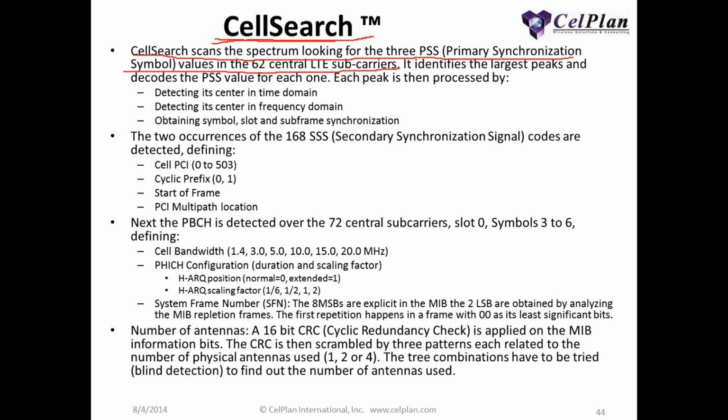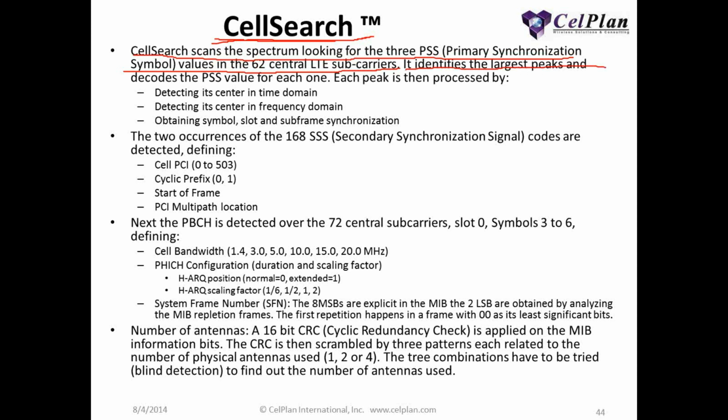This allows us to detect the main sequence and also all of the multipaths of this sequence. We do this by identifying the largest peaks and decoding the PSS value for each one. Basically that is the sequence. So we need to do this 3 times, once for each sequence, and over a period of a certain number of milliseconds.